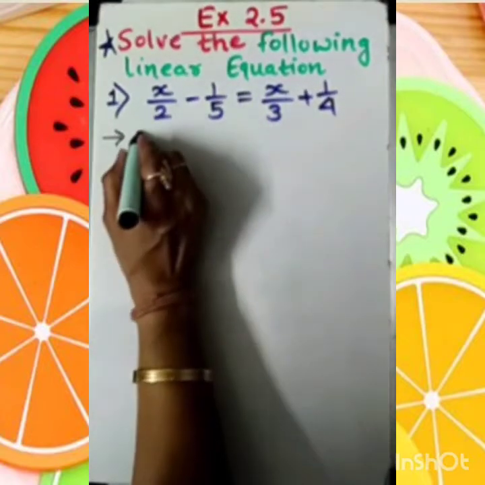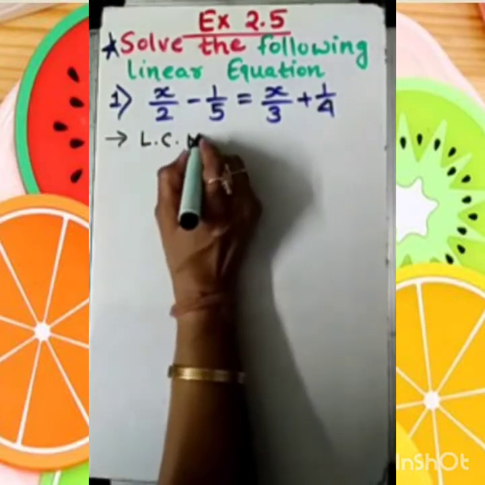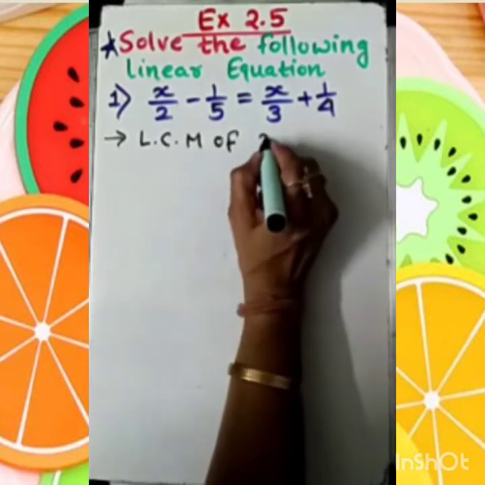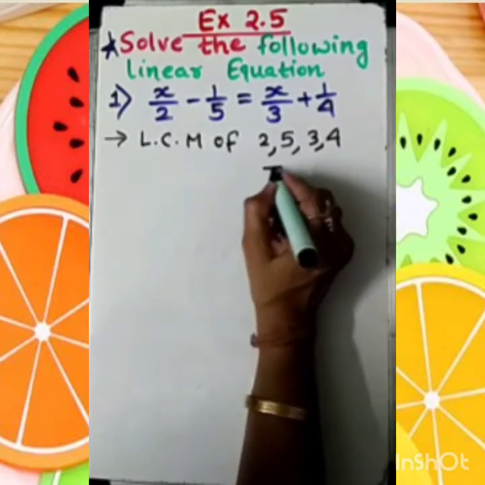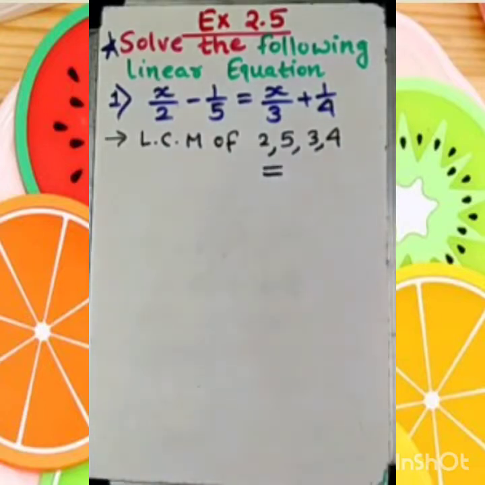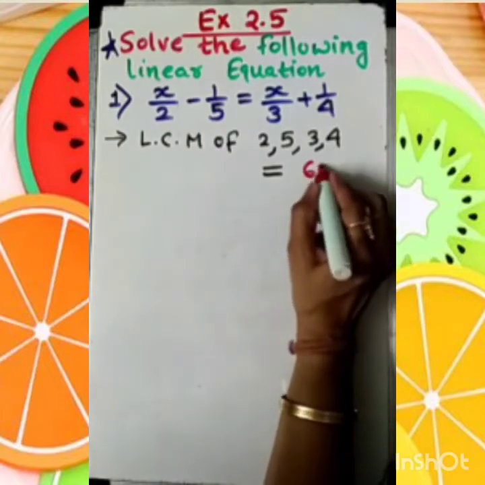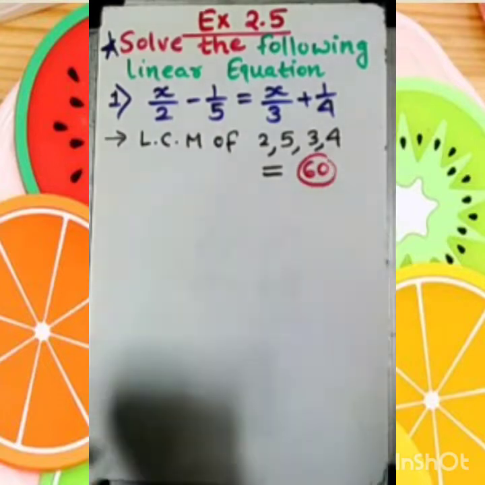So first of all, let's note down the LCM of 2, 5, 3, 4. It's my humble request to each and every one of you, go through the LCM and find it in a rough column. If you find the LCM of this, it will be 60.